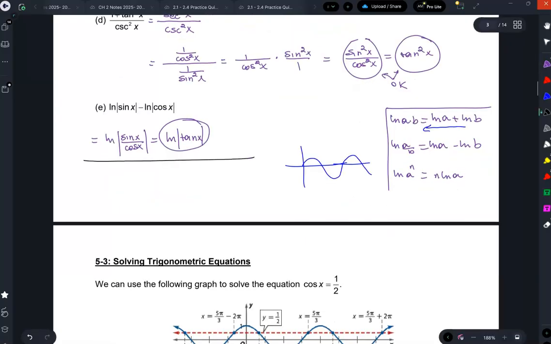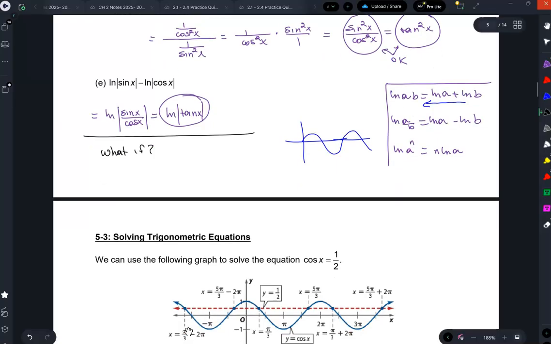Now what if you have ln of, I don't know, cosine squared x? The square does go to the front. But before we do that, does this, the way it stands, need absolute values?